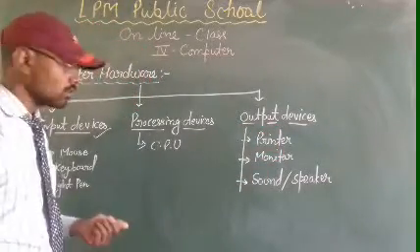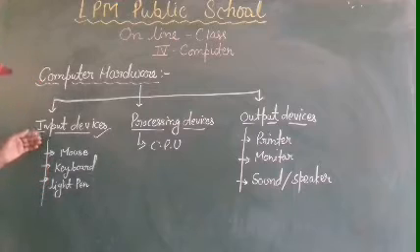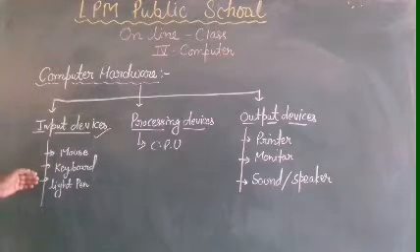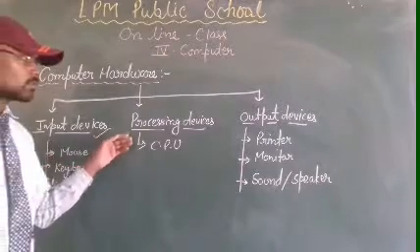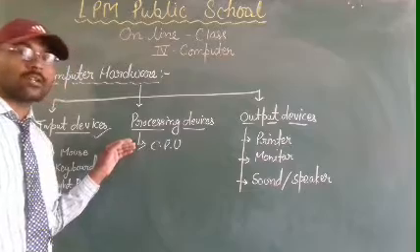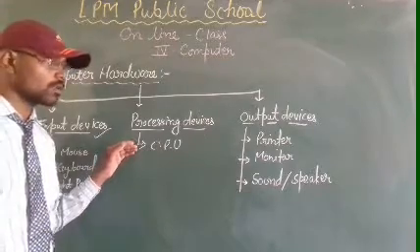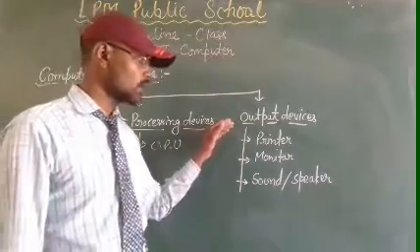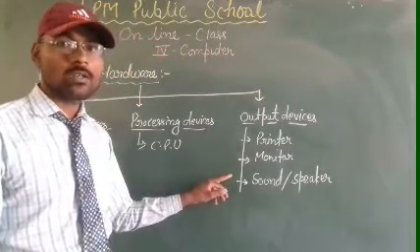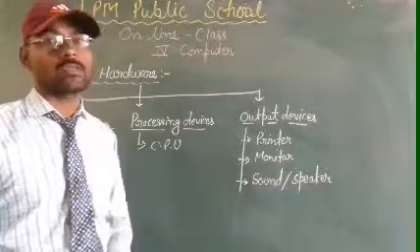Okay? Input devices are mouse, keyboard, light pen. Processing devices, CPU, that is stand for Central Processing Unit. And output devices are printer, monitor, sound, speaker. These all are the output devices.